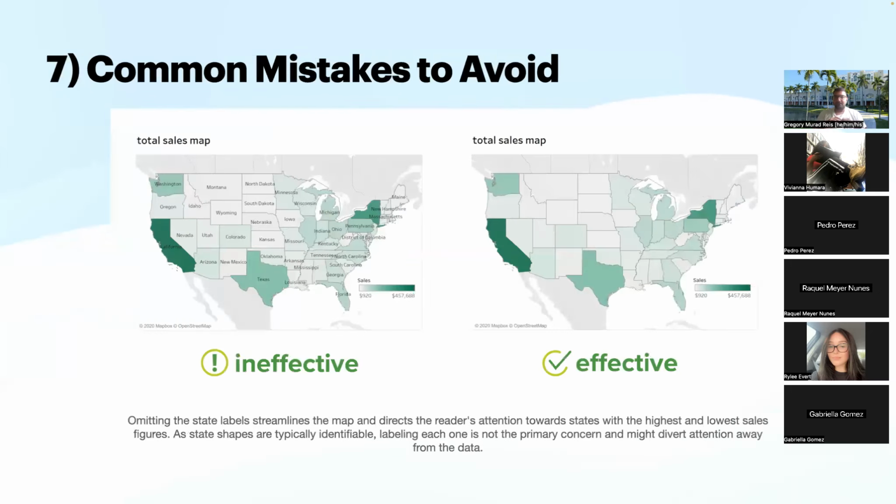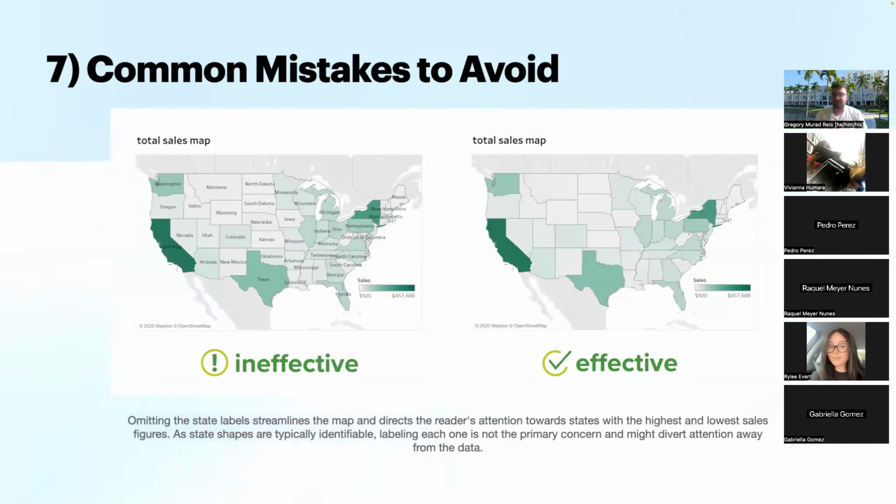No? Another example with maps. I love maps. So the message you're trying to convey here is total sales. And you're using this green scale here to see where you had more sales than the others, right? But you have the labels of each one of the states. If you're here in the United States, most people know what each state is. You don't need a label for each one of them. It's not giving me extra information.